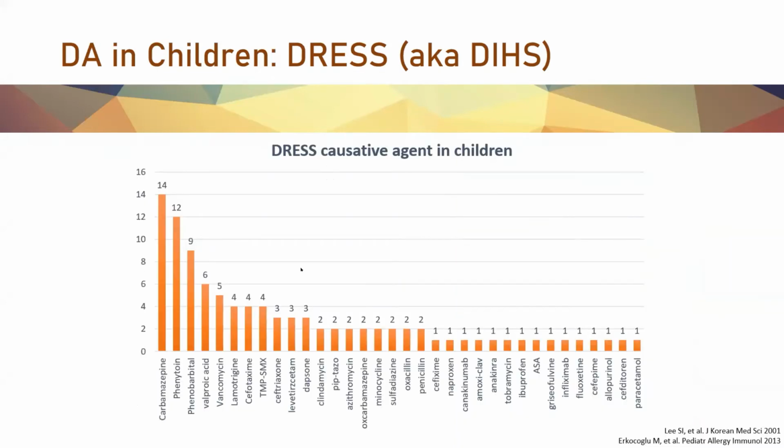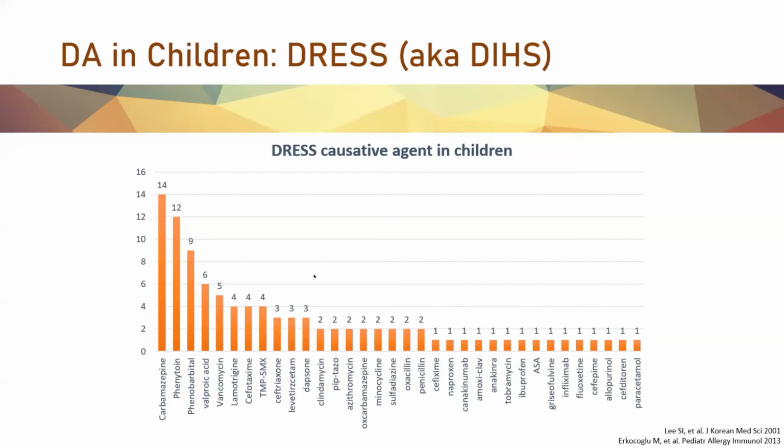Which drugs are causing DRESS in children? So we see that the most frequently involved drugs are the aromatic type of antiepileptic drugs, okay? Much more frequent. This is a retrospective analysis of several different reported cases. With many of these, the quality of the data is very low, so don't expect nice data collection.